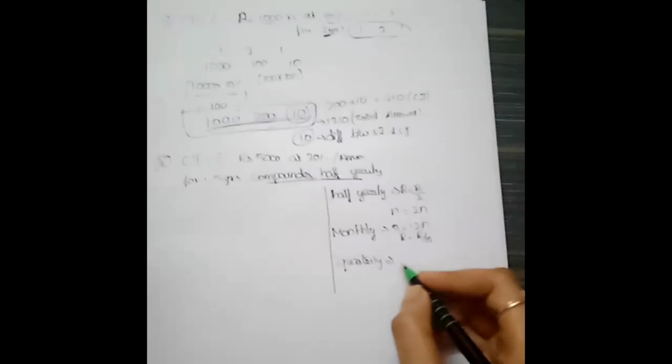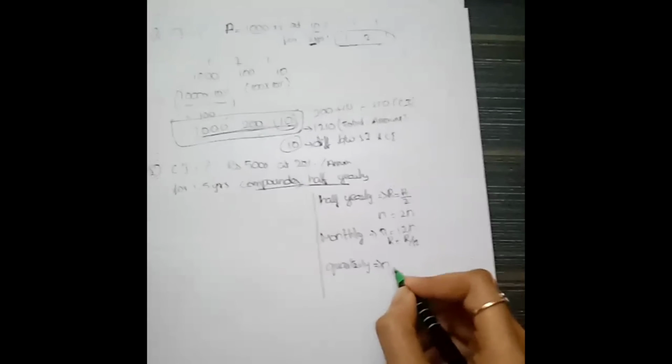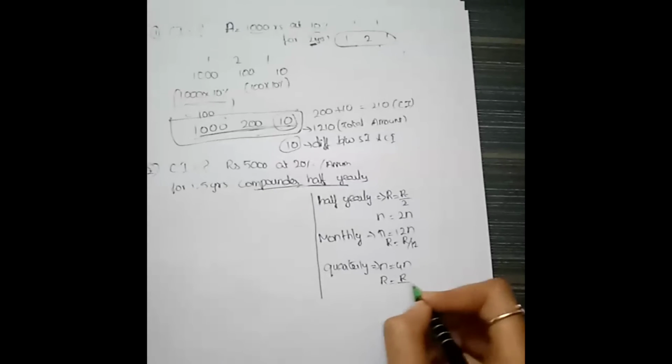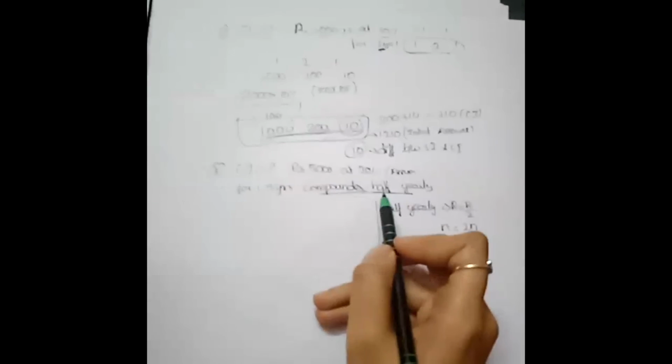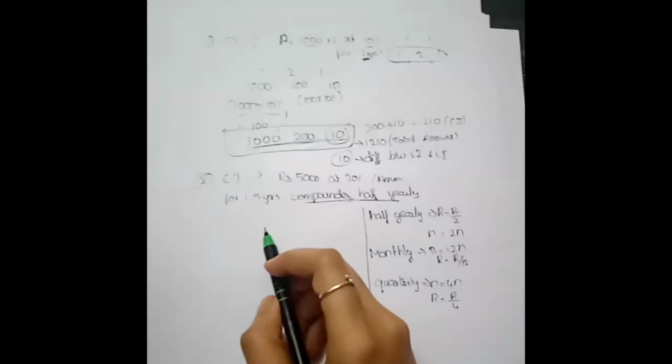If it is monthly, these are the clue words for you: n equal to 12n, r equal to r by 12. Quarterly means n is equal to 4 into n, r equal to r by 4. Okay, like this. Here it is compounded half yearly.